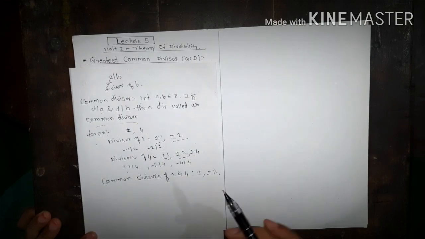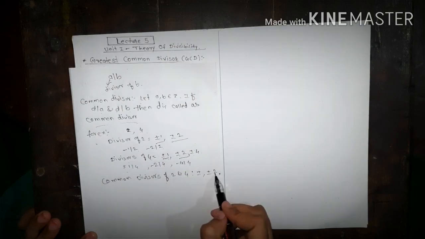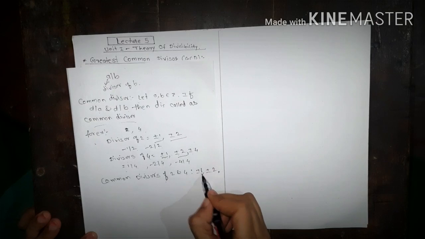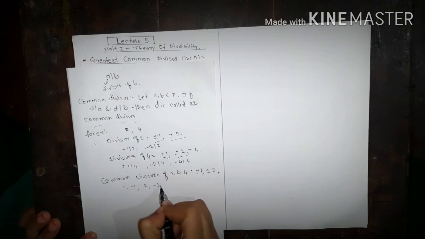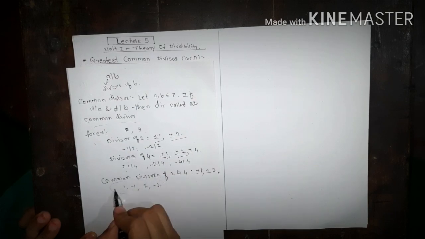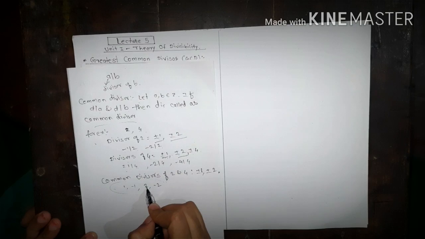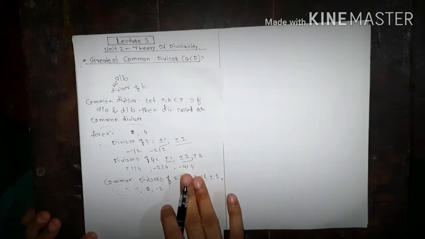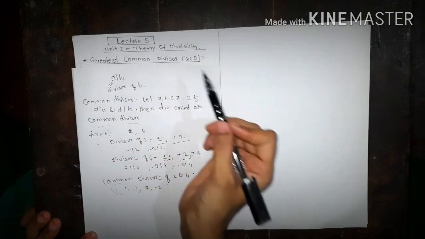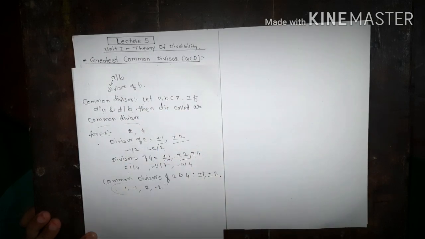Now which is the greatest among these divisors? It is 2. So we call this 2 the GCD, or greatest common divisor, of 2 and 4.